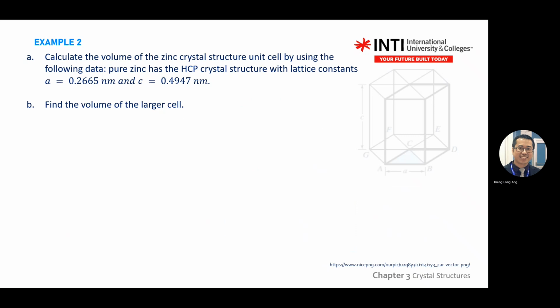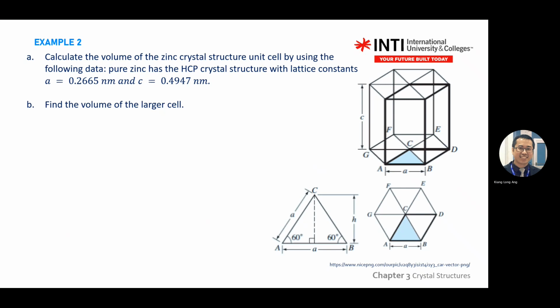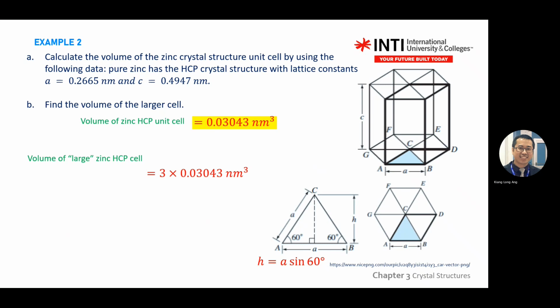All right, now A is already solved. So the volume for the HCP is 0.03 nanometer cubed. For the volume of the large cell, we will take 3, because in the earlier statement, in HCP we have 3 atoms inside this crystal structure.